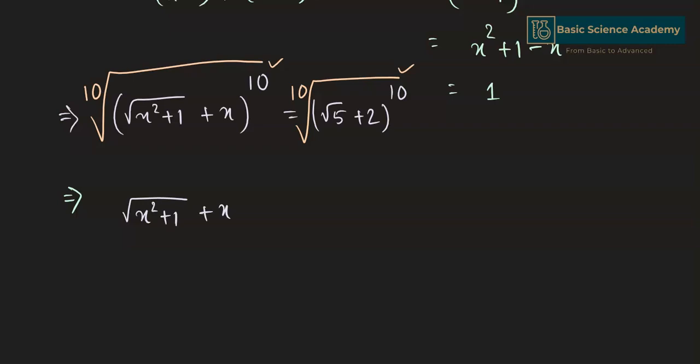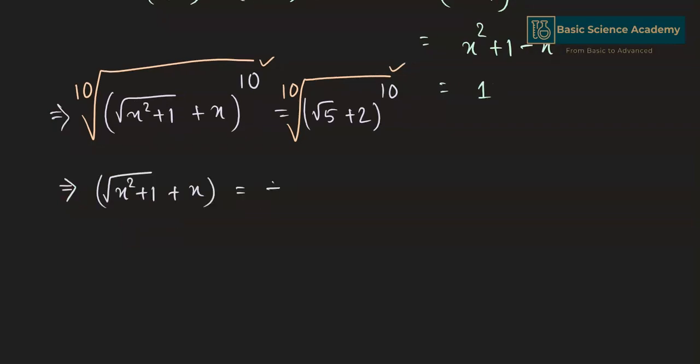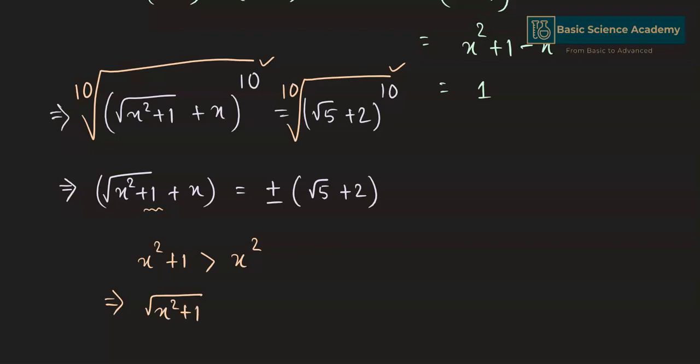equal to plus or minus square root 5 plus 2. Since we have 1 added inside the square root, x square plus 1 will always be greater than x square, which gives square root of x square plus 1 is greater than square root of x square, which is x.